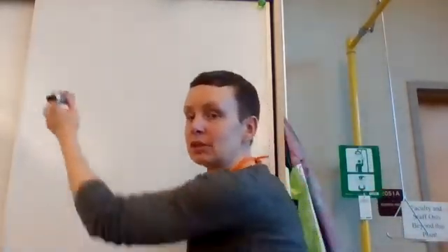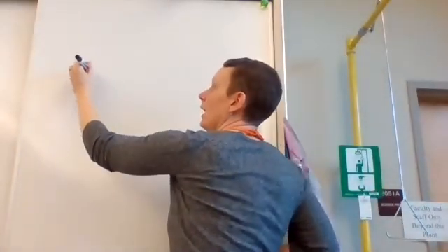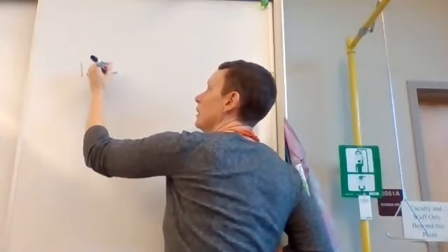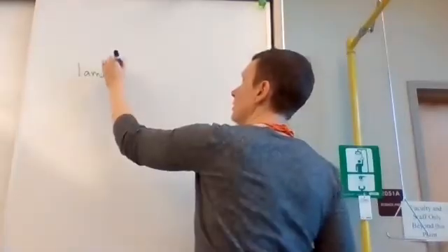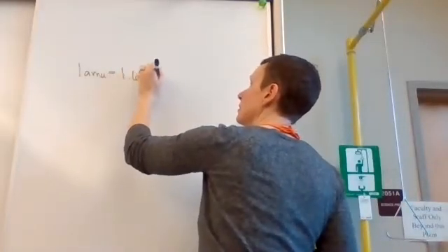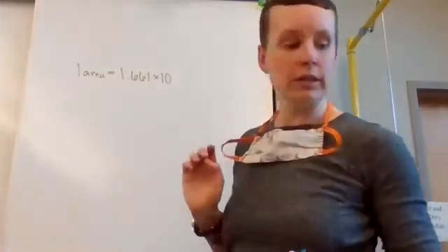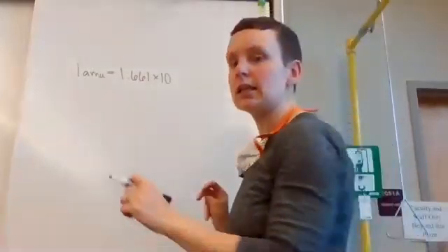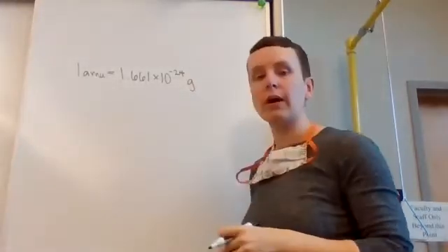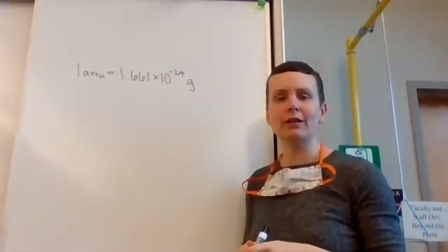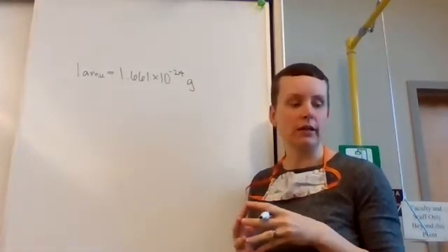So this is the definition of an AMU: 1 AMU equaled, by definition, 1.661 times 10 to the negative 24th grams. Super tiny, way too small for us to even comprehend.